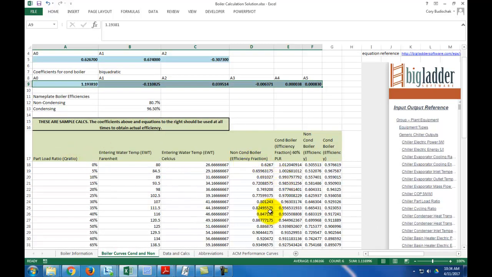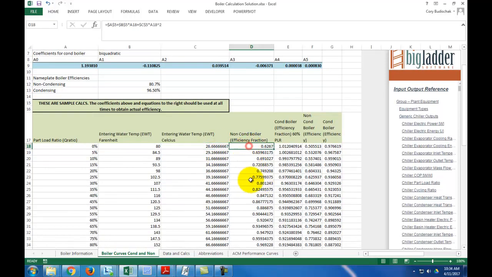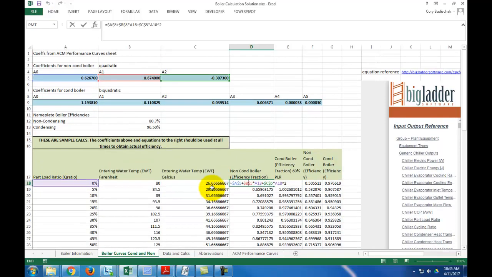I'm not going to go over all the calculation details, but basically if we assume a part load ratio and an entering water temperature, which we have to convert to Celsius, then a boiler efficiency fraction comes from using the quadratic equation over here, and the A0, A1, A2 that came from the ECM, right? We can get our non-condensing boiler efficiency. We do the same thing with the condensing boiler efficiency.